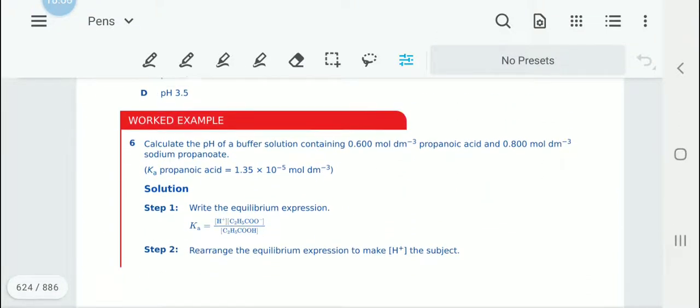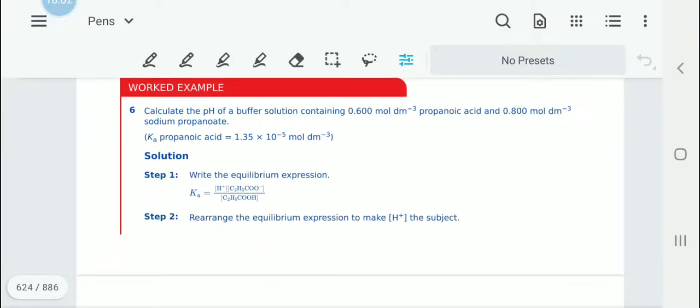Let's look at worked example 6 before you go to the questions. Calculate the pH of a buffer solution containing 0.6 mol per cubic decimeter propanoic acid and 0.8 mol per cubic decimeter sodium propanoate. It's quite easy. They give you the Ka of propanoic acid, 1.35 × 10^-5 mol per cubic decimeter. So we write the equilibrium expression.